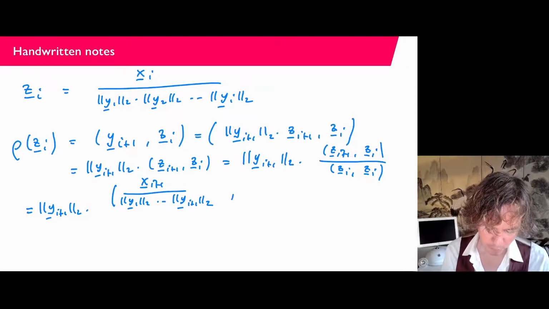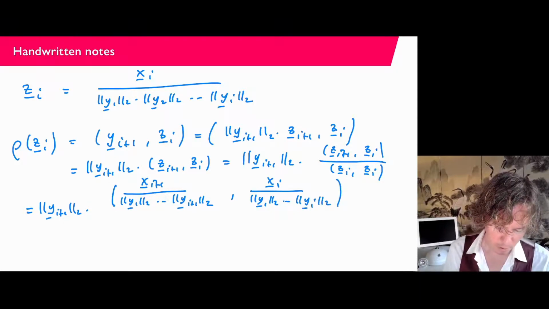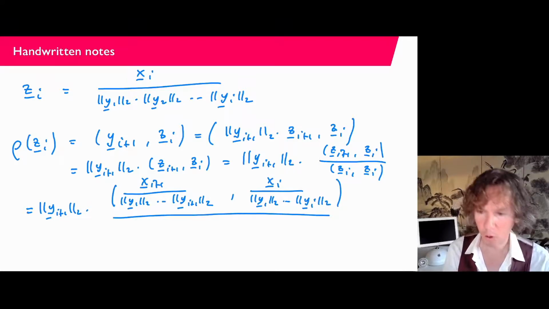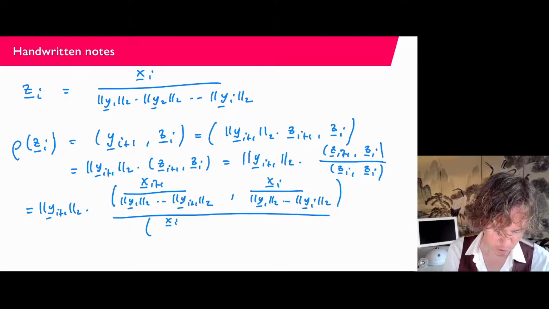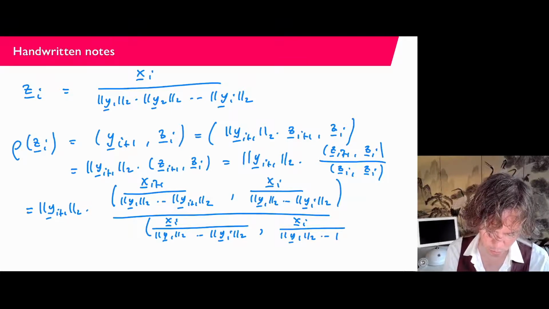Then comma, inner product of zi, and zi is the same as xi divided by length y1, 2 norm, and then up to yi, 2 norm, divided by, and below here we have xi with this whole bunch of terms, so length y1, 2 norm up to yi, 2 norm, comma xi, same denominator, y1 2 norm up to yi 2 norm.